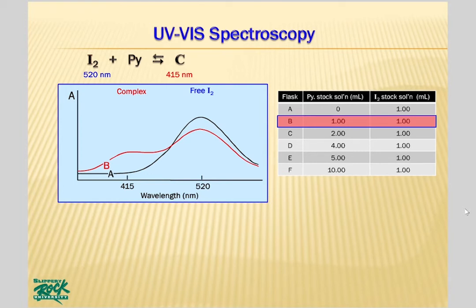Take note that the absorbance of free iodine at 520 nanometers decreases, implying that less free iodine is present in the solution due to the formation of complex.